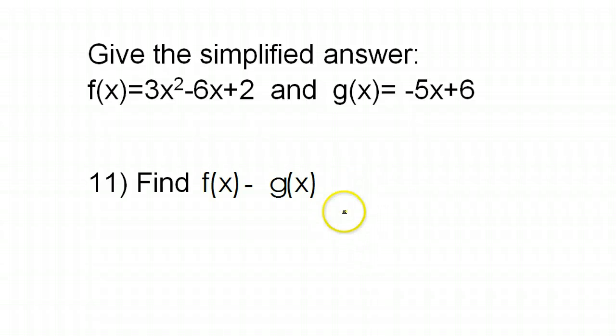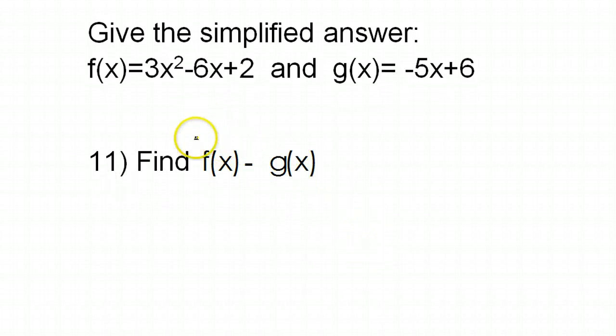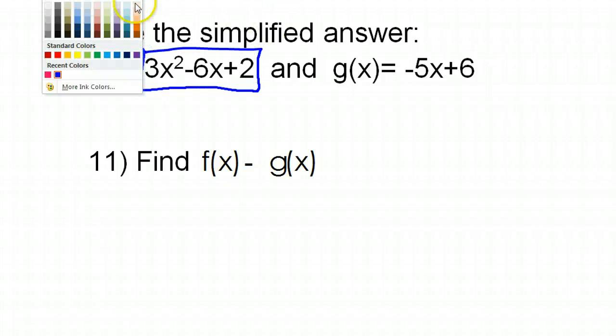We're going to add, subtract, and multiply polynomial functions. So in number 11, we have to do function f minus function g. Just be careful when you do this, because you're going to want to put these in parentheses.